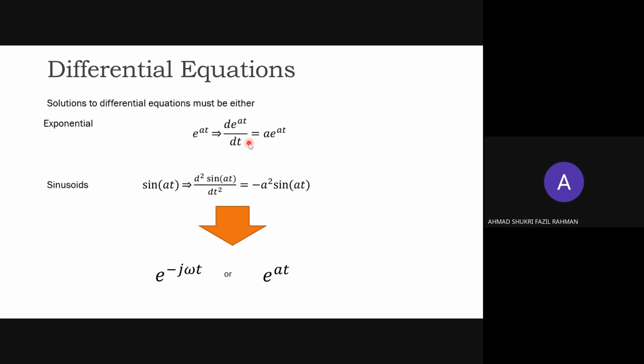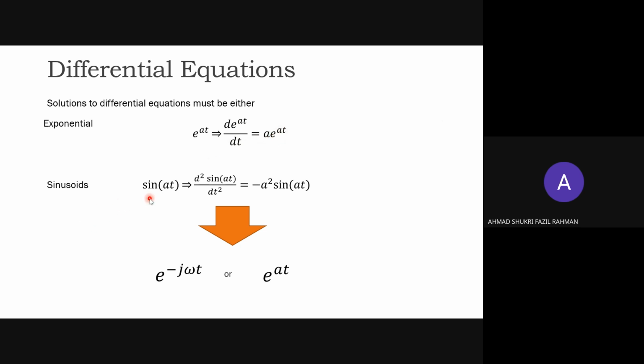Again, from here, how do we solve a differential equation? If the equation is in the form of an exponential, we can replace it by the differential of the exponential, e to the power of at over dt. So in the end, we get a, the differential part, multiplied by the exponential e to the power of at.